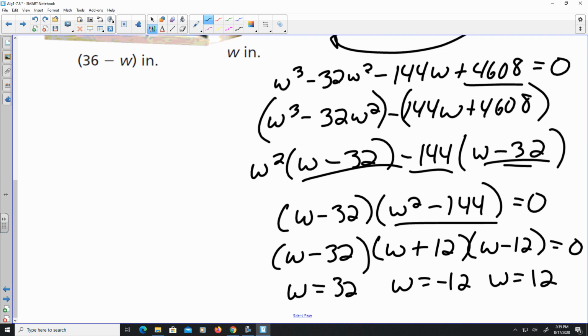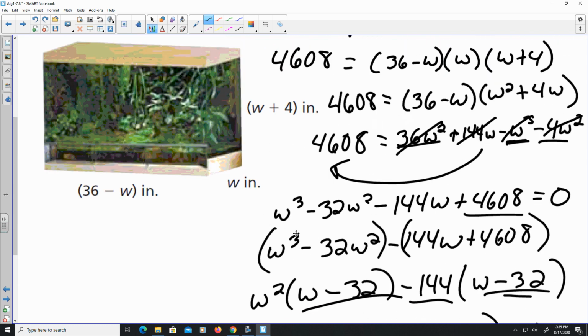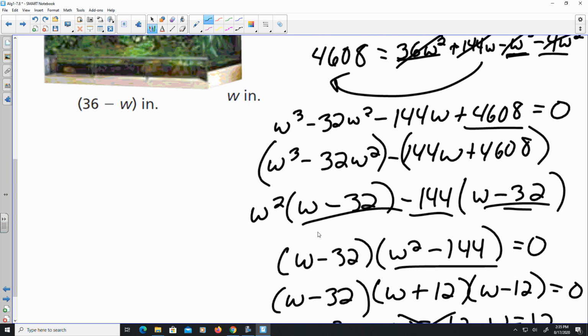So let's look at this. Right off the bat, we can disregard the negative 12 because it's negative. We can't have a negative distance. So if we look at positive 12, let's see if that works out. If I put 36 minus 12, that gives me 24.